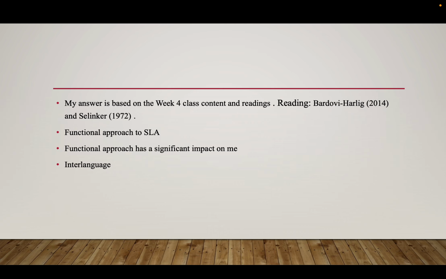After reading the recommended reading from Baldovy-Holick in this lesson, I also learned that a functionalist approach can take either a form-oriented approach or a concept-oriented approach.